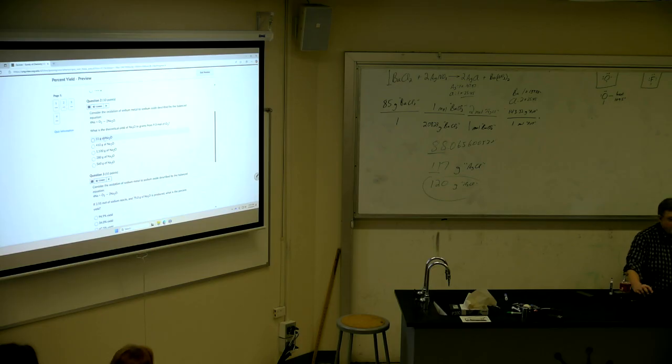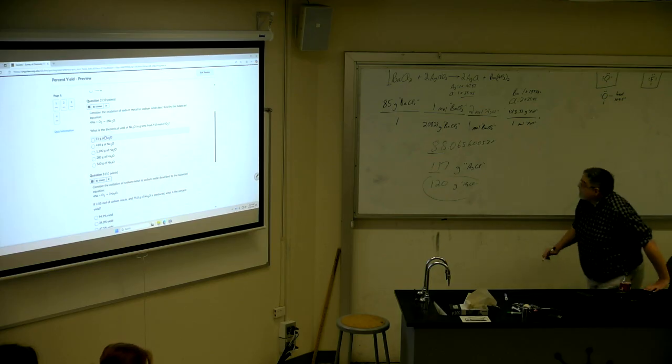So this is just like the question we were asked before. What is the theoretical yield of Na2O, this product, if 9 moles of O2 goes in? And you can tell by the answers, it's looking for grams. Like I said, theoretical yield, we almost always just go ahead and calculate it out to grams.